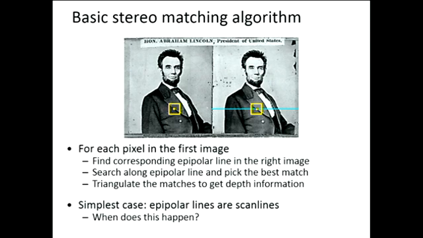First, what is R? If the epipolar lines are just scan lines, they're going to be parallel, which means that definitely the image planes have to be parallel to each other, and I should have the same focal length.